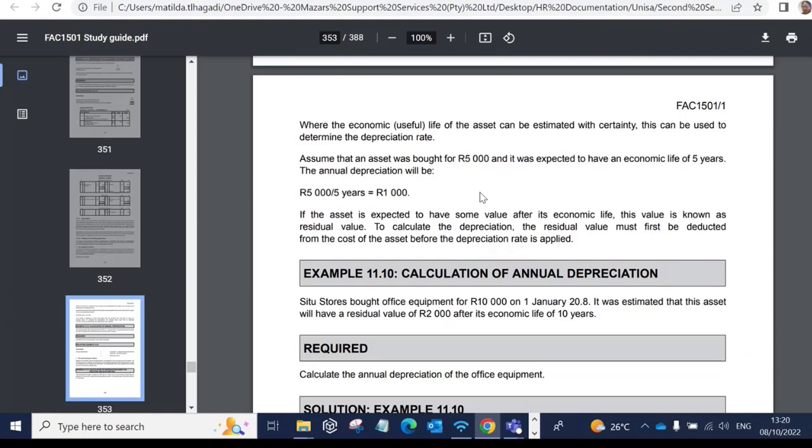In this example, you can also say 5,000 times 20%.